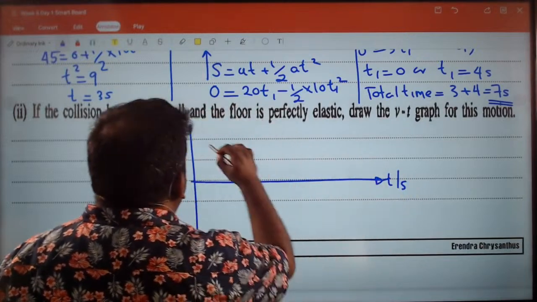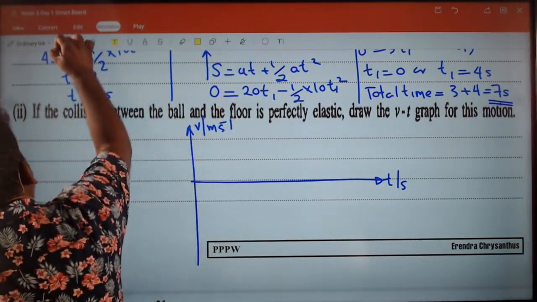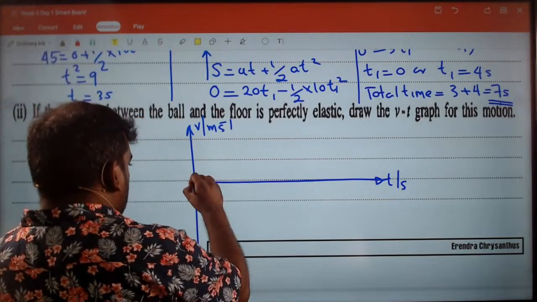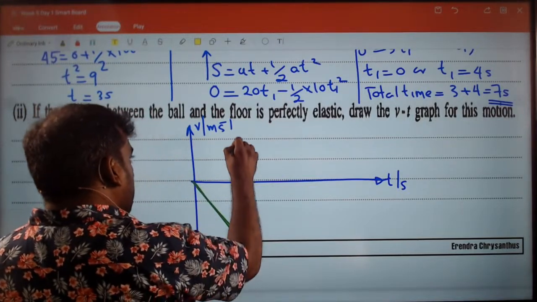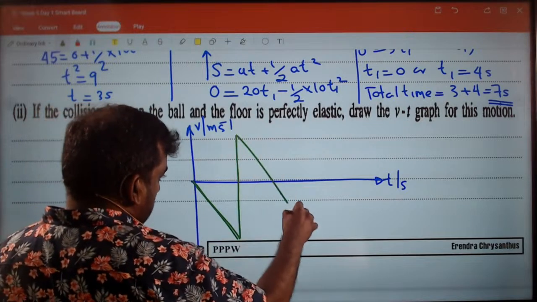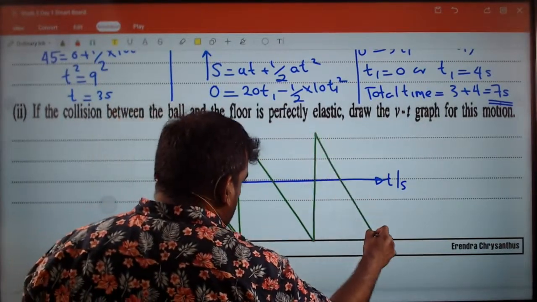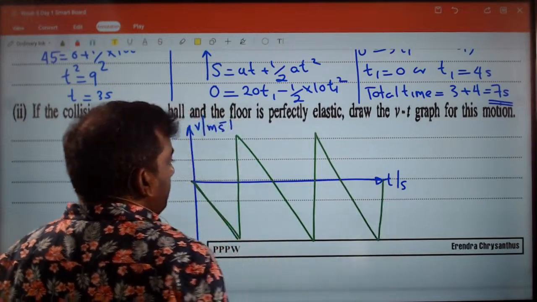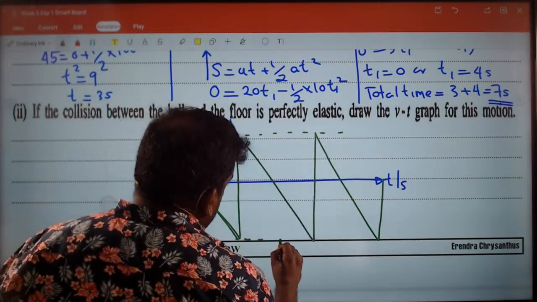Sketching the VT graph will be very simple. It collides, rebounds, comes back again, goes up, rebounds, then reaches the same height.